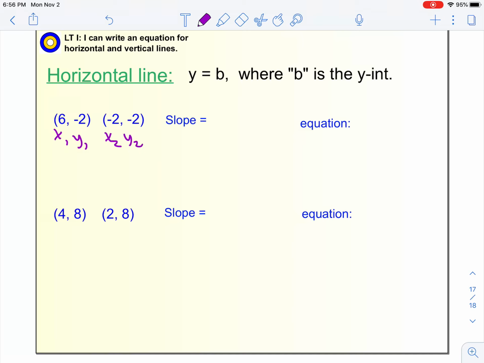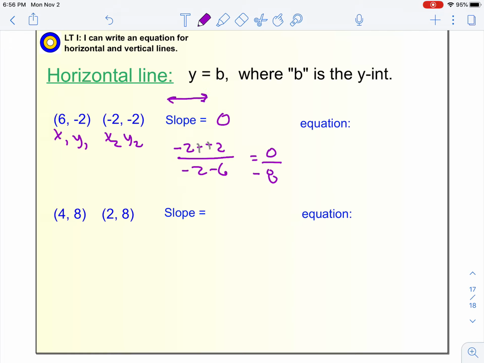So the slope of this line would be -2 minus -2 over -2 minus 6. So that would be, again, you add the opposite here. And so when you have -2 plus 2, that gives you 0. It gives you 0 divided by -8, which gives you a slope of 0.